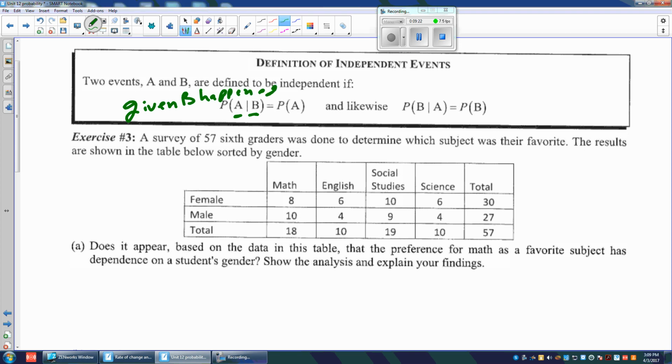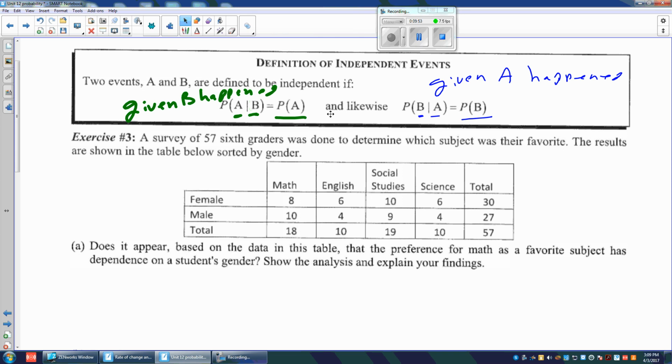Okay, and it equals just the probability of A. So did B really matter? No, it didn't matter at all. If B happened, if B didn't happen, it's still just the probability of A. Here, what is the probability B is going to happen given that A happened? It equals the probability of B. So again, A did not affect the situation at all.